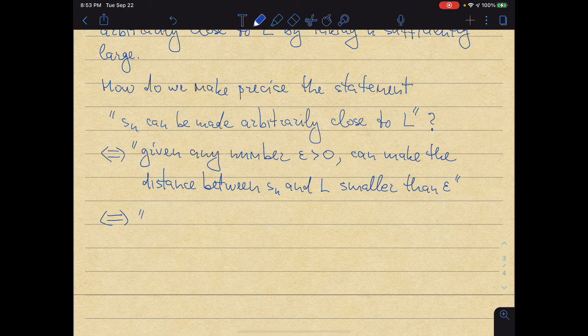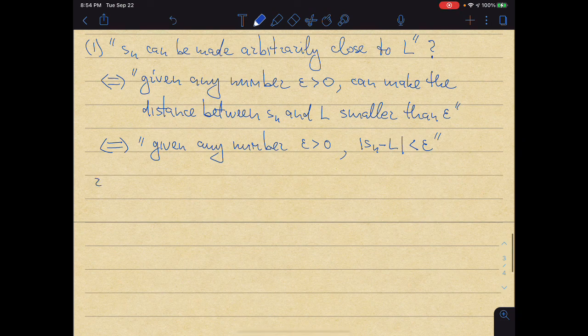So, given any number epsilon greater than 0, what can I do with the absolute value of Sn minus L? I can make it less than epsilon. So that's a precise statement number 1.